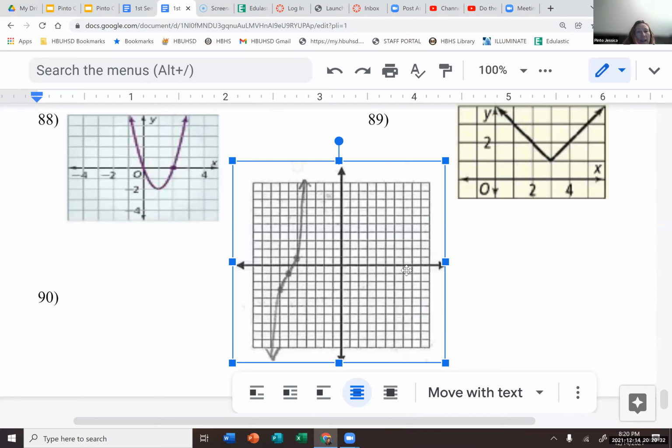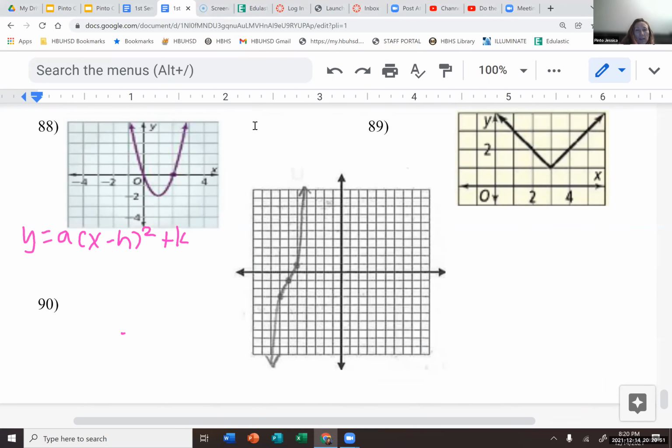So looking at 88, that one is a parabola. That's going to come from the quadratic function. It's going to be y equals a x minus h squared plus k. But then I look at 90, and 90 is the snake shape.